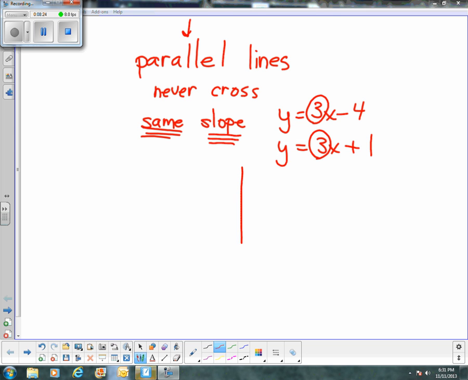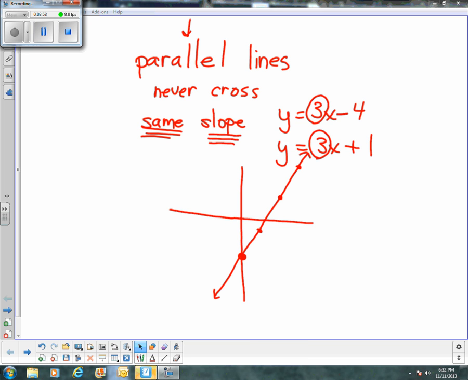And I'll prove it on a graph here. We graph the first line. First point's at negative 4. Up 3, over 1, and so on. So the first line will look like this. It rises, so it's a positive, and the slope is positive. The second line, I'm going to start at 1.